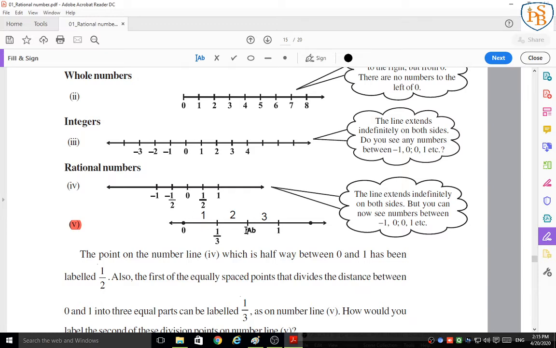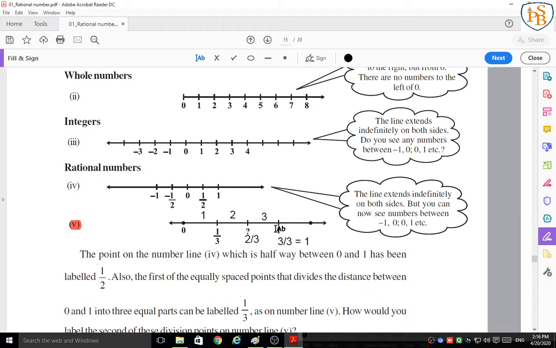What do we write here? 2 upon 3. That means this line shows that out of these three parts we cover 2 parts out of 3. And what do we write here? 3 upon 3, which is 3 ones are 3, so I can write 1.